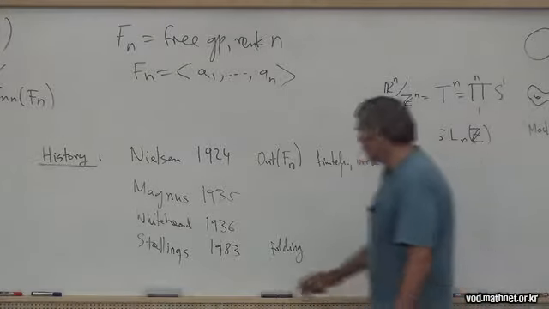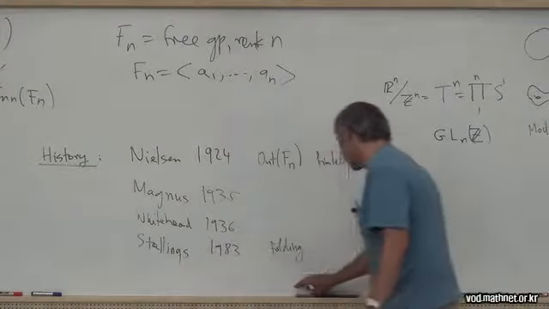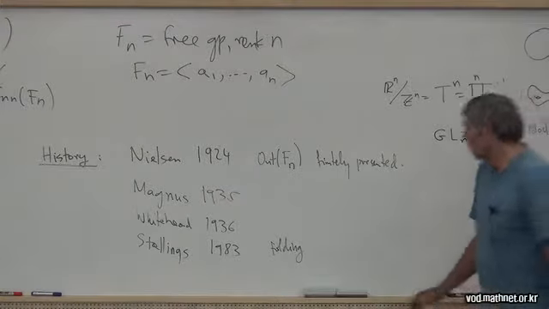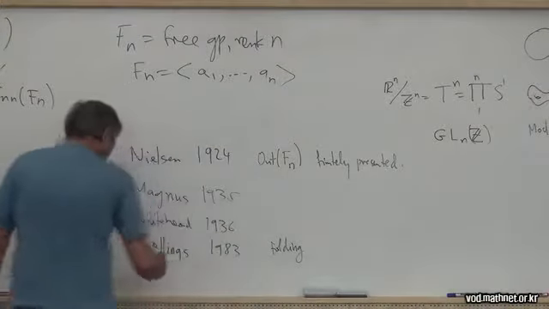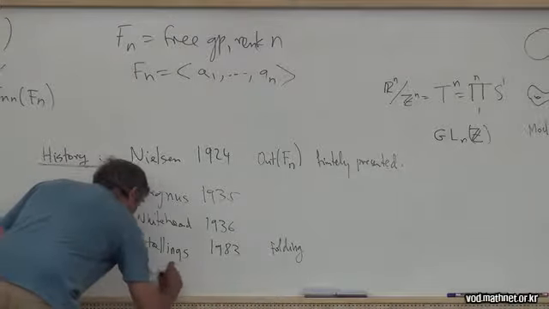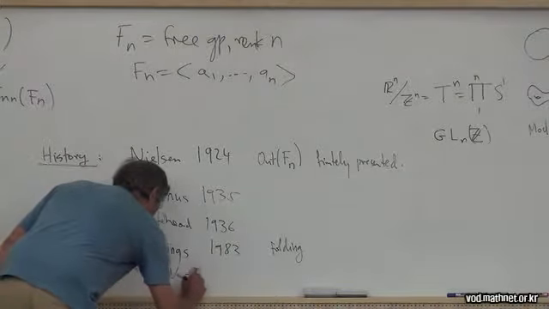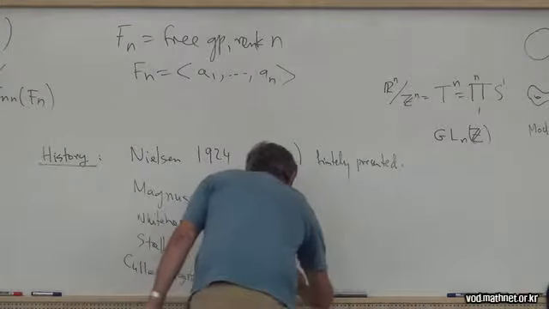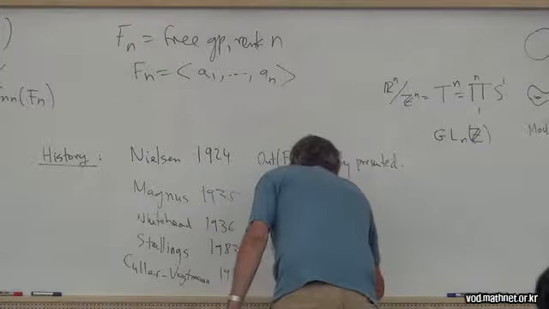But the big event in the history, sometimes described as the Big Bang, is that Culler and Vogtmann in 1986 defined what's called outer space. So what is outer space?